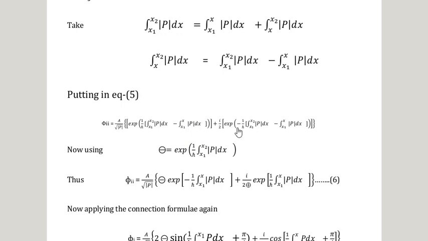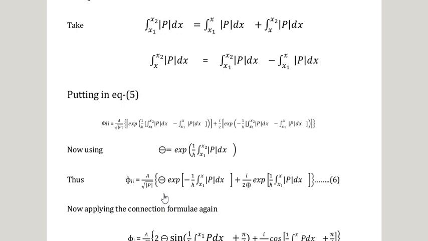This equation also has two terms, this and this, and this term is assumed as theta for simplicity. Then this equation becomes this equation 6. This is the wave function in the second region.